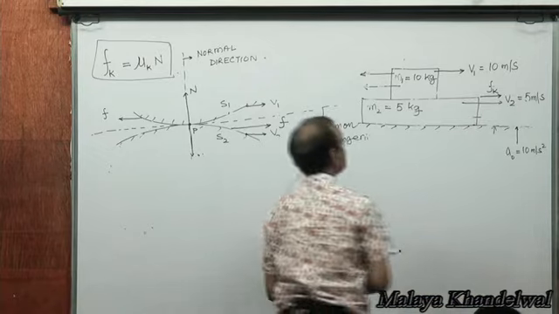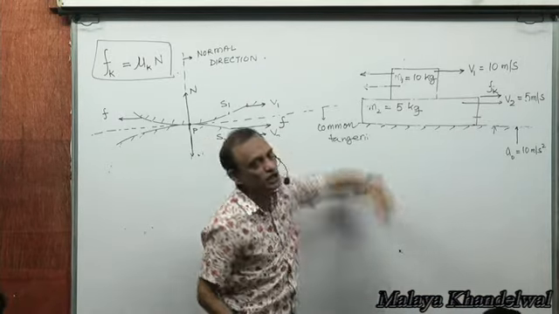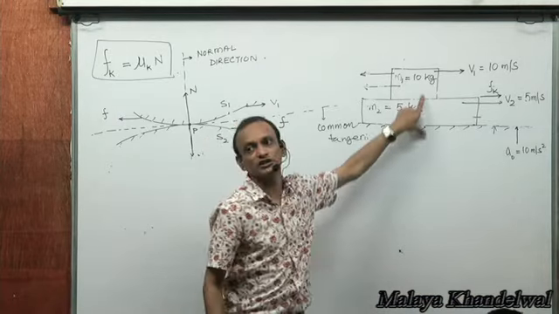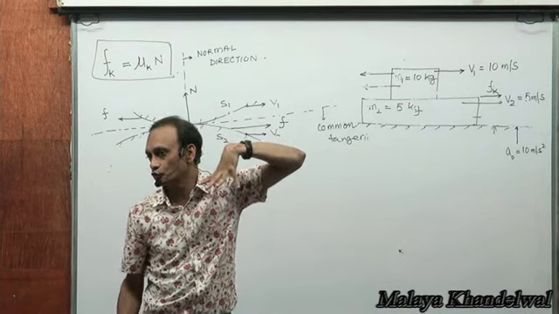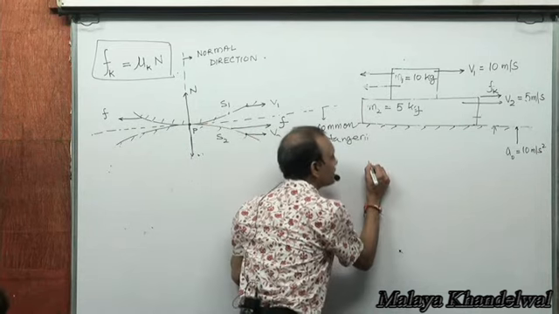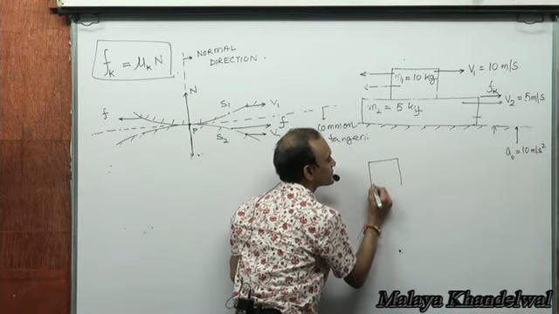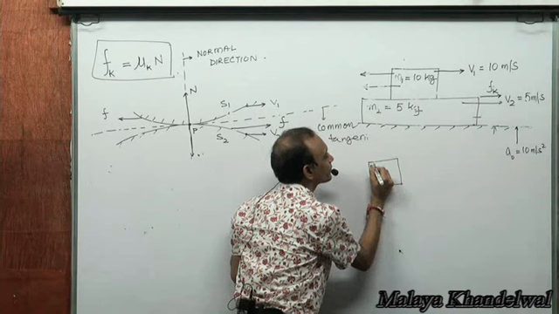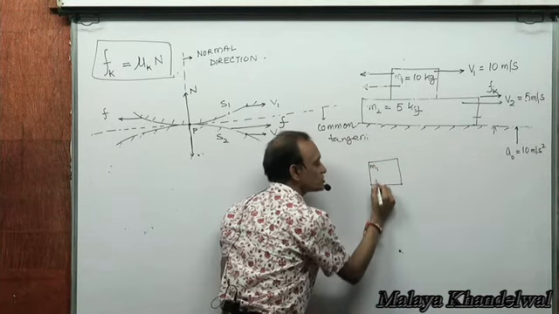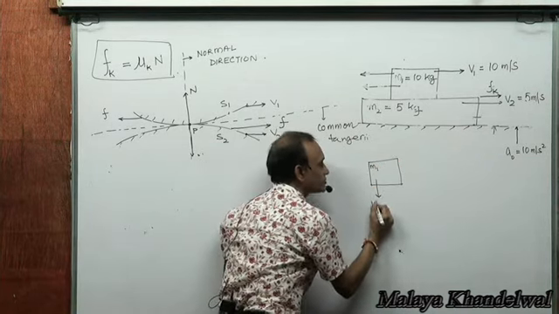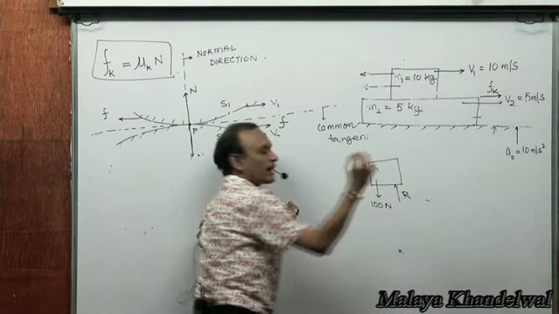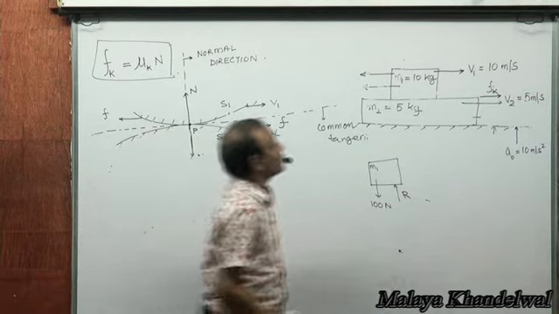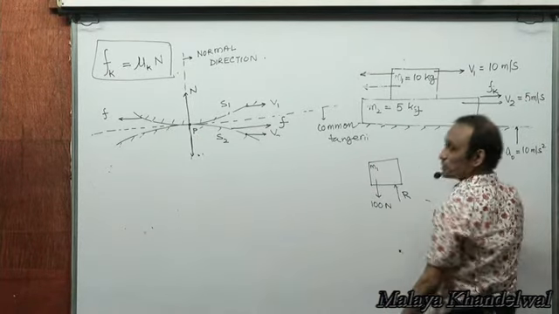Now, what this upward motion does is it alters the normal reaction between the two surfaces. Look at M1. This is my M1. Forces acting on M1 would be 100 newtons downwards, and the normal reaction upwards.